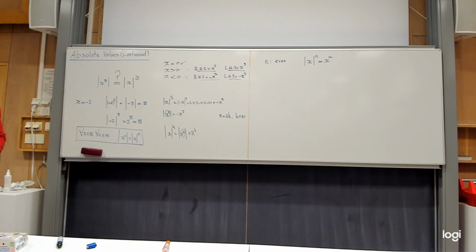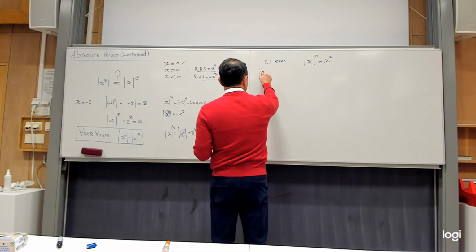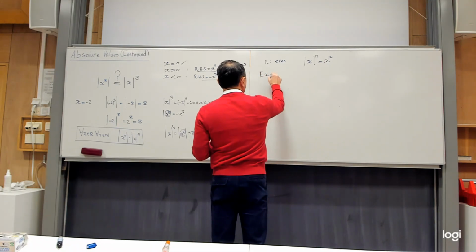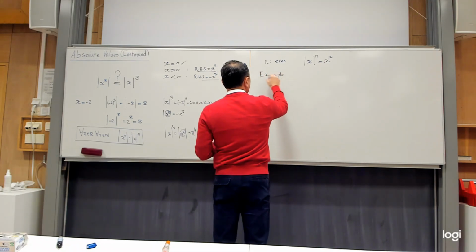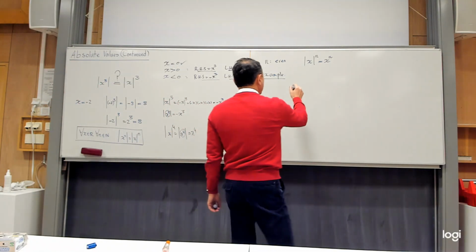Okay, let me ask you to simplify one question. The exercises are aiming to make you more and more comfortable with working with this absolute value sign. So I would say simplify.